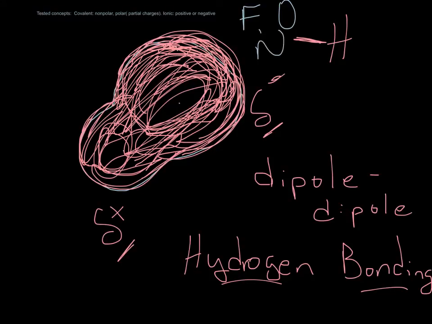So if this hydrogen is bonded to one of these three, then this hydrogen is going to look very much like this part of the cloud here. So it's going to have a partial positive charge.